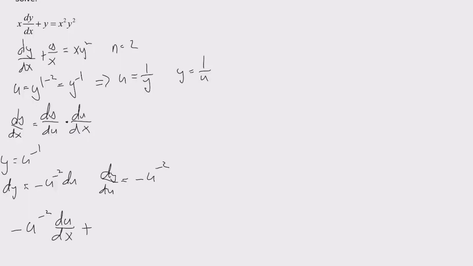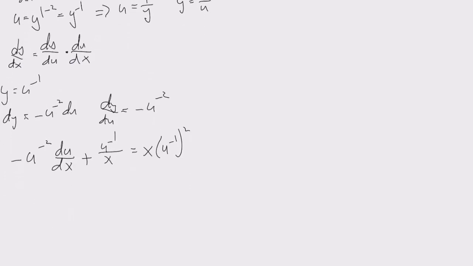Plus, and then I need to swap out y over x, so that's u to the negative 1 over x, equals x, and then swap out that y squared, so u to the negative 1 squared. All right, so let's do some simplifying here. In order to use our forms, we have to make sure it's in the right form. The problem with our differential is that negative u to the negative 2.